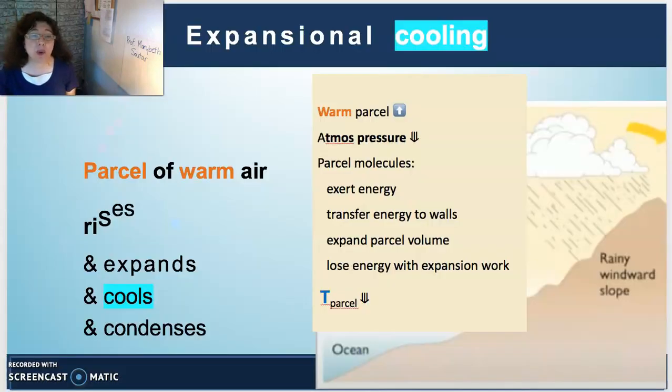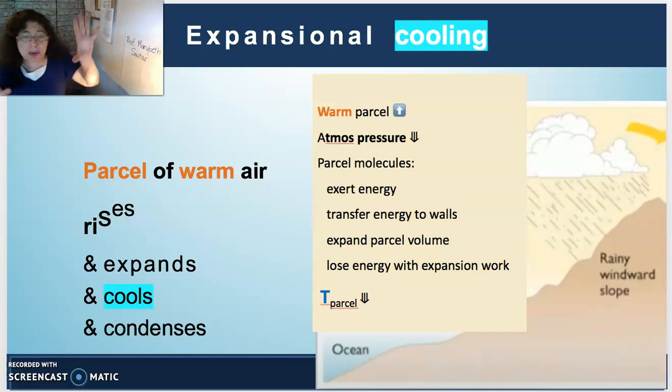We're just going over expansional cooling, that a parcel of warm air could come off the ocean laden with water vapor, and it might be blown against a mountainside where it rises along the mountainside. As it rises, it expands in the lower atmospheric pressure, and as it expands, it is pushing its molecules along the walls of this imaginary parcel.